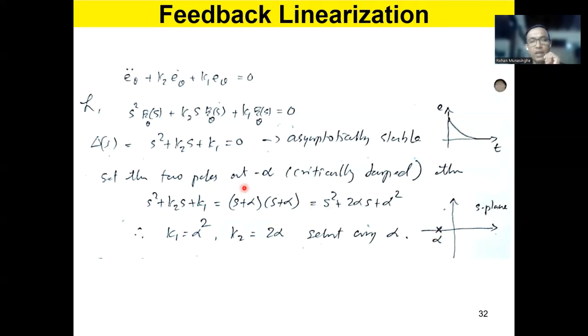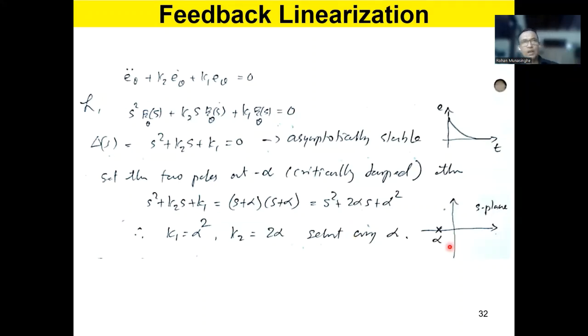You can write down the characteristic equation as s plus alpha times s plus alpha, which is s squared plus 2 alpha s plus alpha squared, which is equal to the characteristic equation that we have here, that is s squared plus K2 s plus K1. Then you can figure out K2 is equal to 2 alpha and K1 is equal to alpha squared. Done.